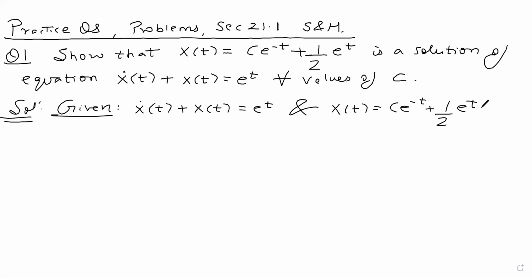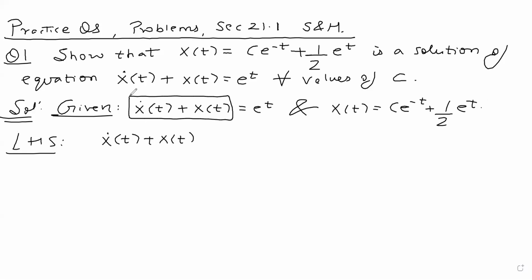We need to verify. So again, let's start with the left hand side. Left hand side is nothing but x dot t plus x as a function of t. This is my LHS. I need to show it to be equal to RHS, which is e to the power t. Now, what is x dot t? It's nothing but dx by dt.